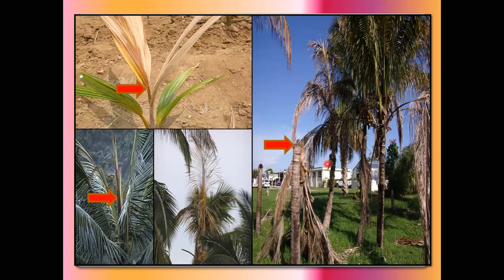Initially there is withering of the spear leaf. You see these seedlings of the coconuts. First of all, the young leaf or spear leaves wither, generally brown in color, and such infected spear leaves bend toward the trunk portion.